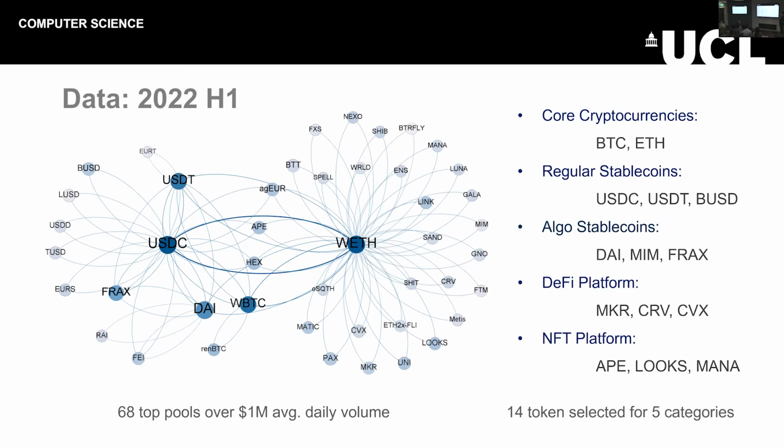Let's talk about the data sample. We focus on the first half of 2022. Here are the most popular pools for Uniswap, with an average daily trading volume over $1 million in the past years.